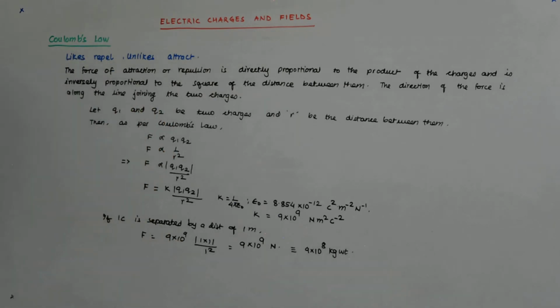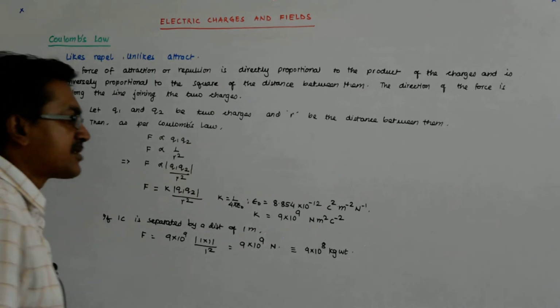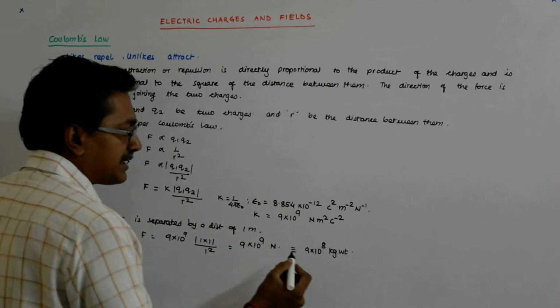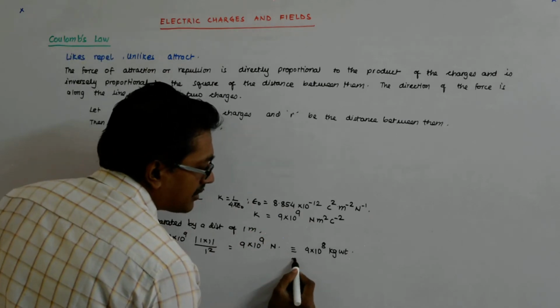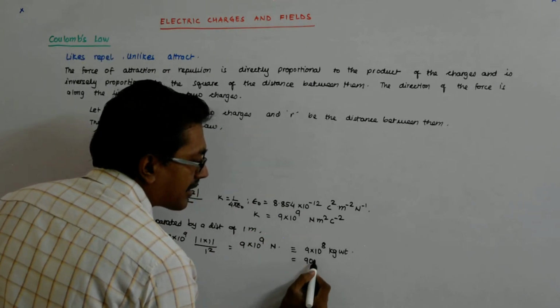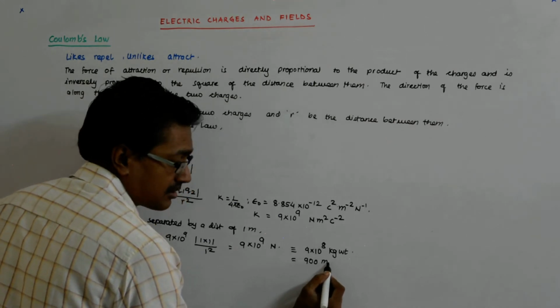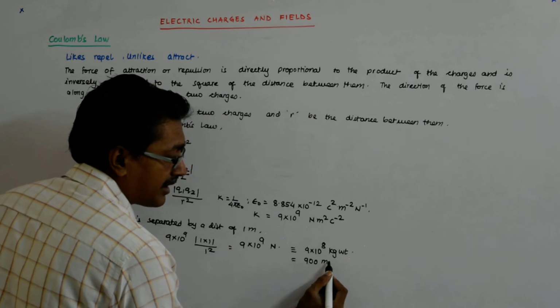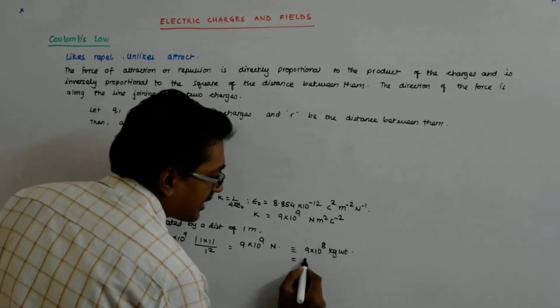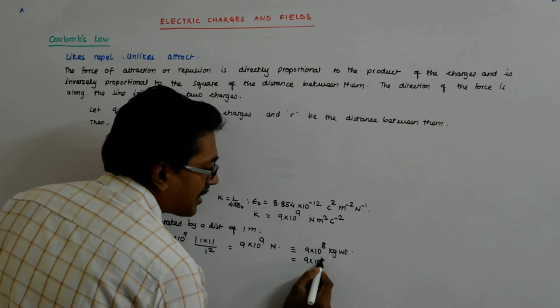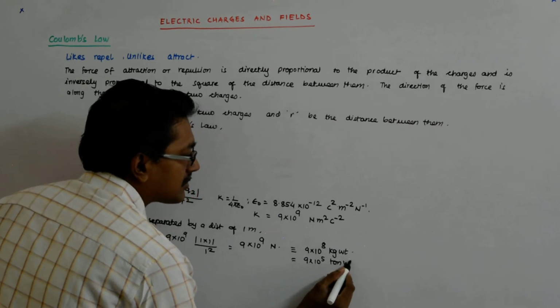Is it not? Okay, 9 into 10 to the power 8 kg weight, which is 900 million kg, or you can say 9 into 10 to the power 5 ton weight.